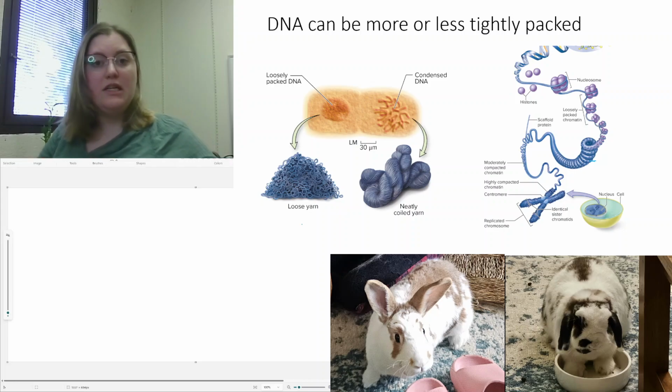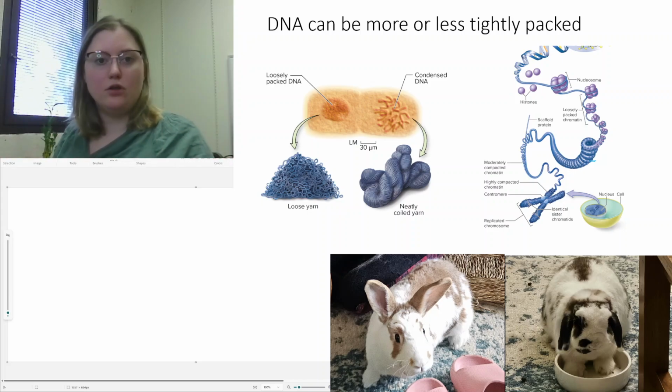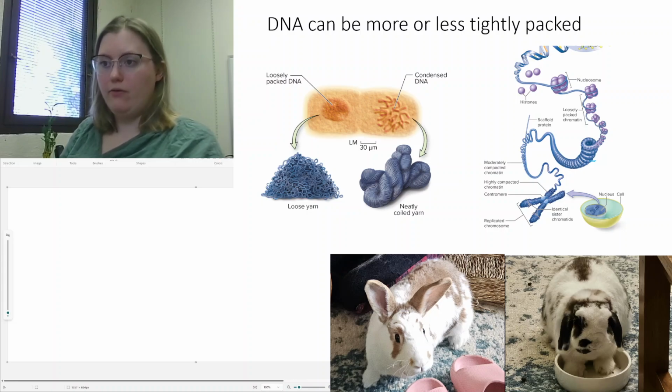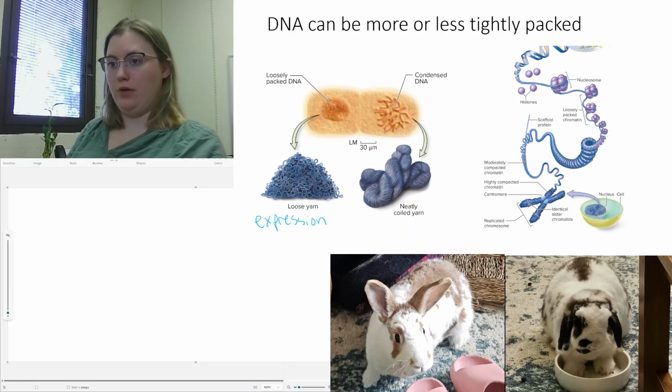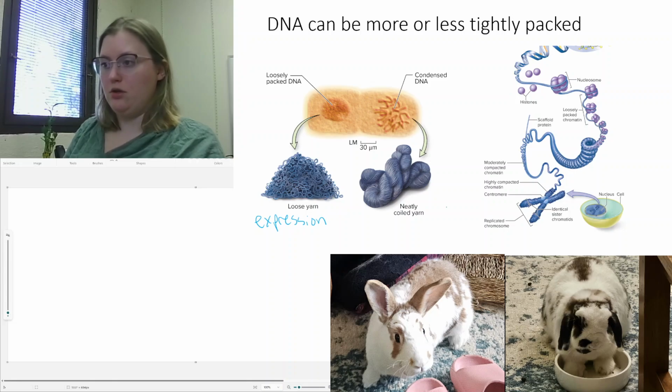Now, our DNA can be either tightly packed or loosely packed. If we have loosely packed DNA, this is going to allow for expression. Remember, expression is when a gene can be transcribed and translated into a protein. Okay, so relaxed chromosomes lead to expression.